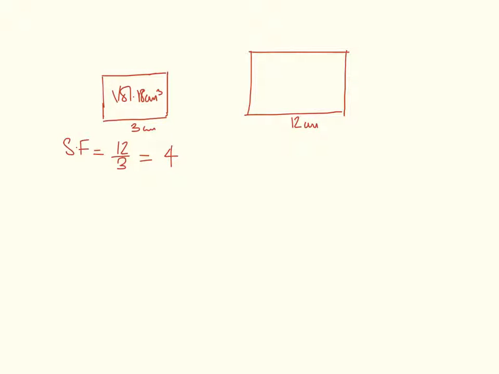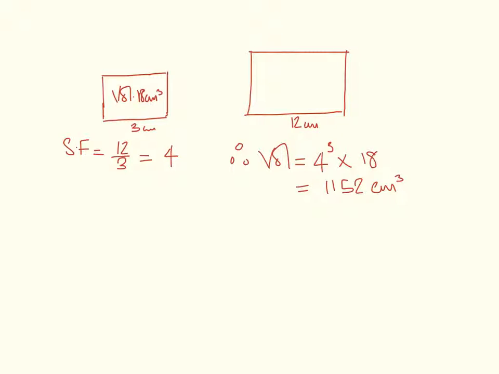Since it's the volume that I'm doing, I can now say that the volume of my bigger shape is going to be the scale factor cubed, and then I multiply that by the volume of the smaller shape, which will give me 1152 cubic centimeters. And that's basically it. The most that you can have is a more complicated problem where things aren't really that easy to see, but then it works out in the same way.